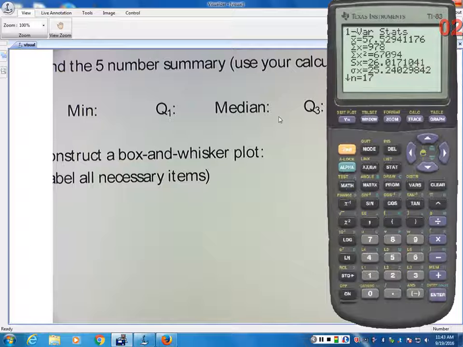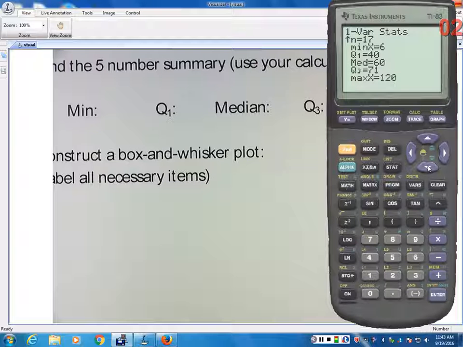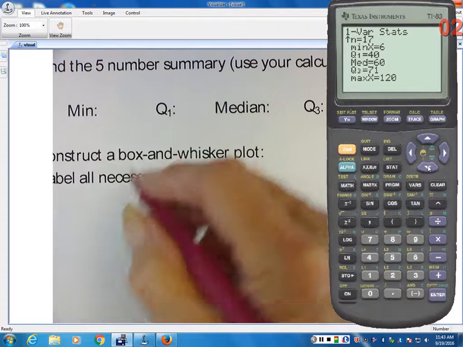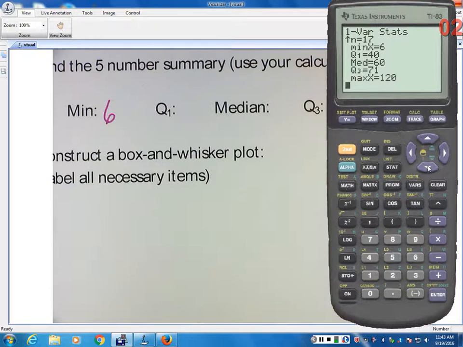So the arrow next to n equals 17, for the 17 roller coasters in the population, says there's some more information down there. So we scroll down and we see that the minimum value is 6. And that's the Wilderness Run roller coaster, so it's not very fast.